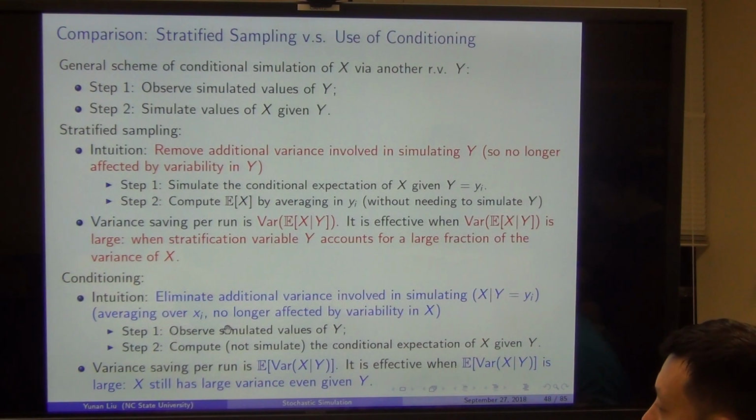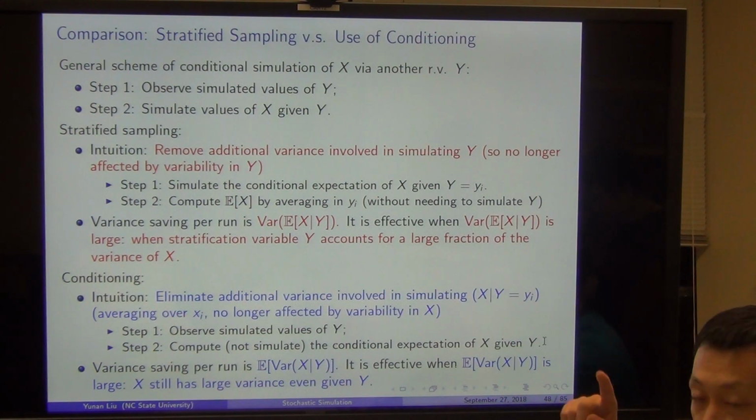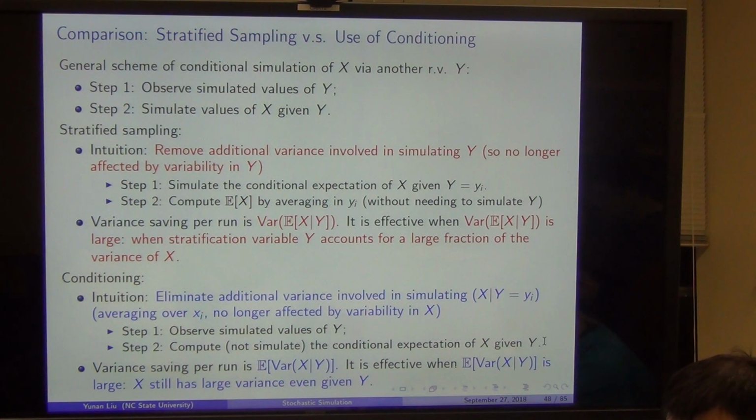So step 1, observe the simulated value of Y. So you simulate, then you have variability. Second, compute, not simulate, the conditional expectation of X given Y, because you have this g function here. Whenever you have a function, you can compute; you don't have to repeatedly get random outcomes. You save the variance. The variance saving per run is the other part, the expectation of the conditional variance.